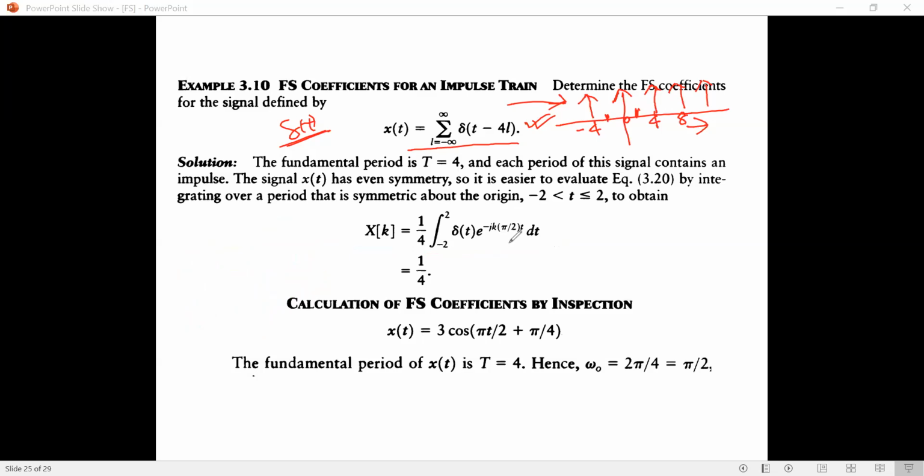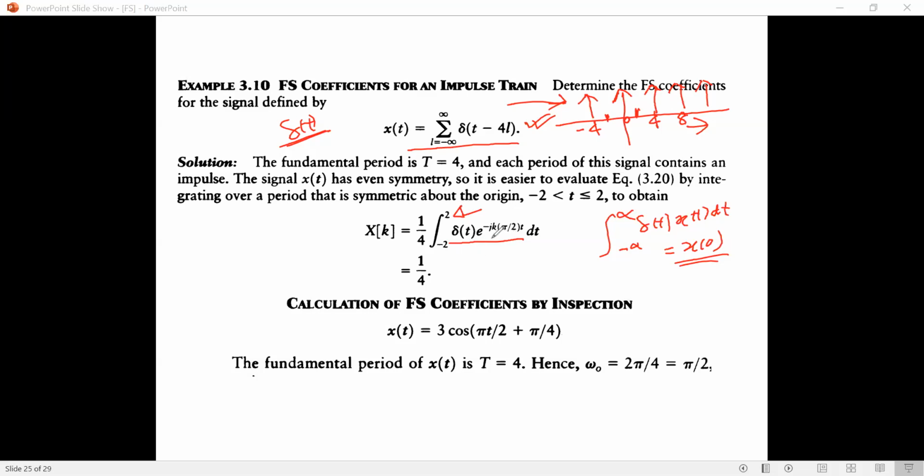So by using the shifting property, we know that if we integrate within this limit a function like this dt, the value is equal to x(0), that means the value of the signal at the location of the delta. In the same way, in our case, our delta is located at t equal to 0.